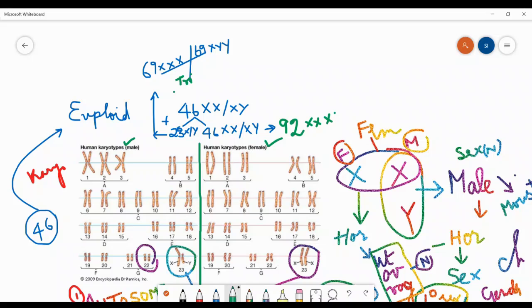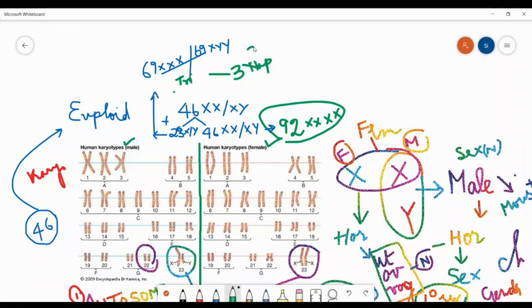Okay, polyploidy. So 4 sex chromosomes. This is polyploidy, where we have multiplied sets. You have 3 sets of haploid. 3 haploid sets form triploidy.